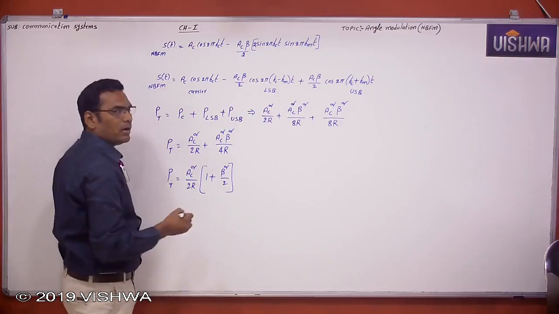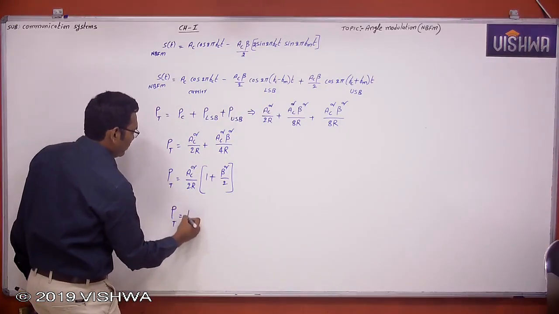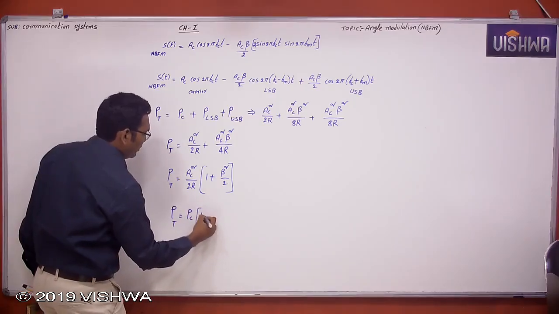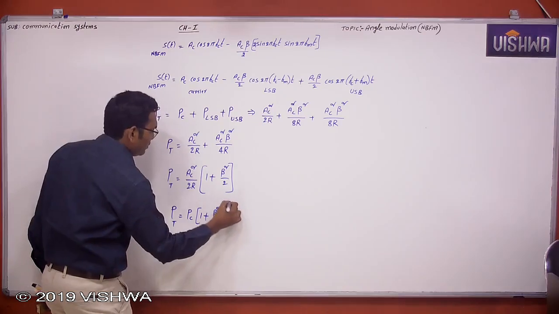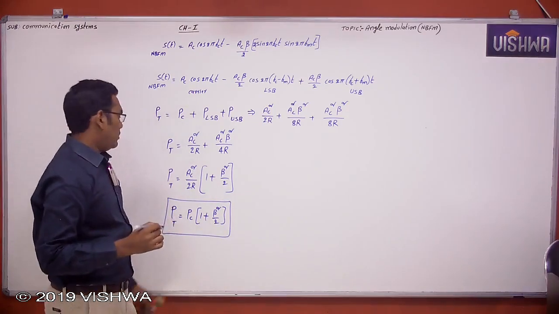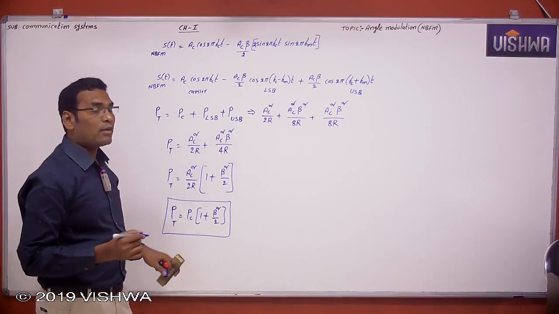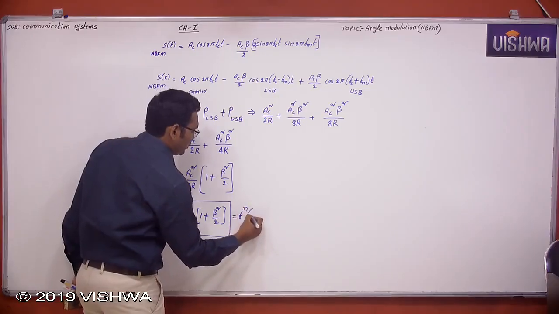Ac squared by 2R is the carrier power. The total power is equal to Pc into 1 plus beta squared by 2. This is the total power required to transmit a narrowband FM, which is a function of modulation index beta.